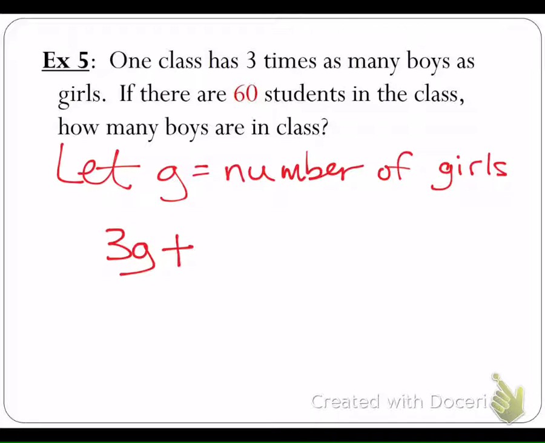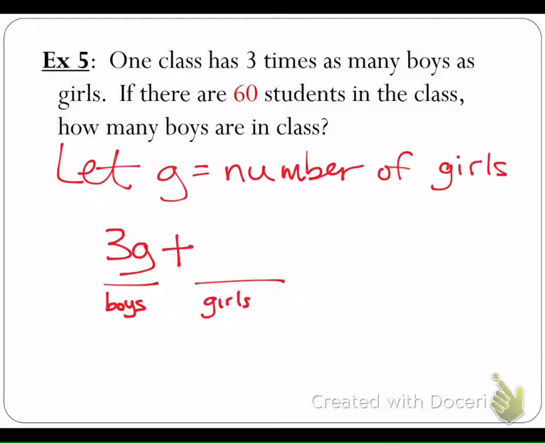And we would add that to what? So if this is boys, and then this is, how do you get the total of boys and girls? You add them. So if 3 times G is the number of boys, what's the number of girls? 20.